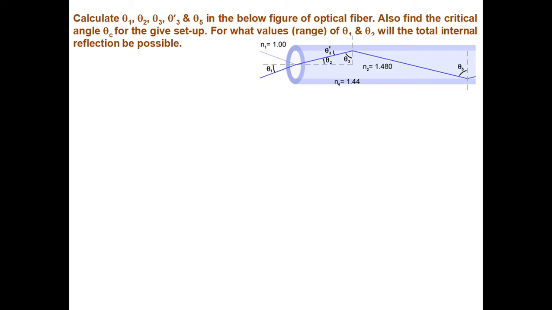Now, don't confuse yourself with the symbols that you are using in your module and the symbols given over here, because symbols are always arbitrary. That is, n1 and n2 were always with respect to core and cladding, but here n1 is the refractive index of the external medium, n2 is the core's refractive index, and n4 here is your cladding's refractive index.